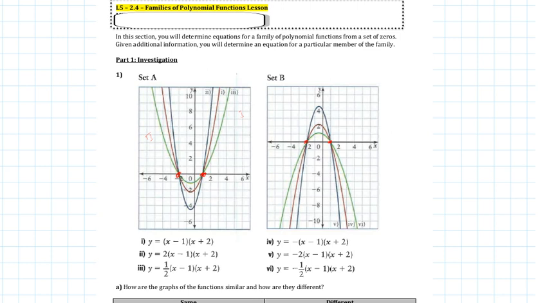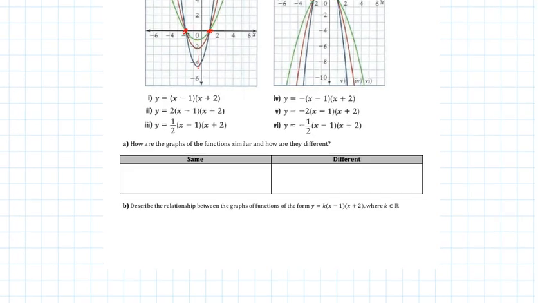So let's write this down. What they have the same, they would have the same x-intercepts or the same zeros, and the equations have the same degree.